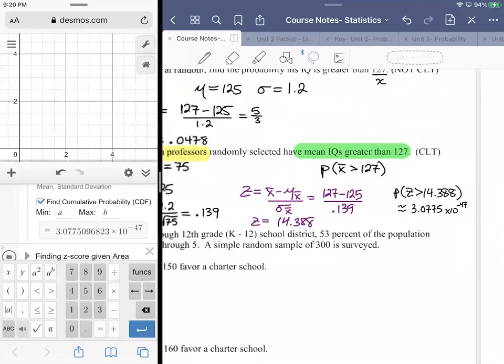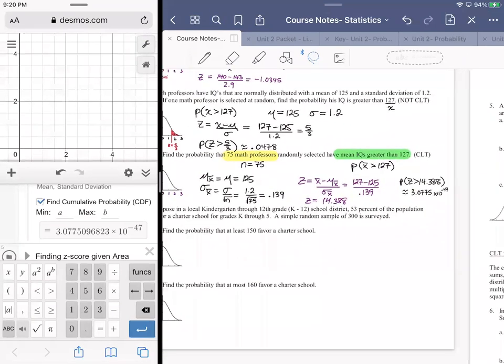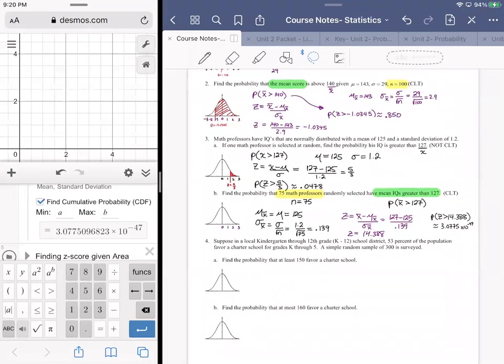All right. So what this does is it gives us very strong evidence that you're not going to find 75 math professors, a group whose average IQ is more than 127. Right. So now, whether or not 127 is considered to be a high number, I forget.